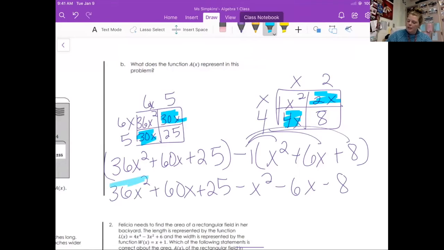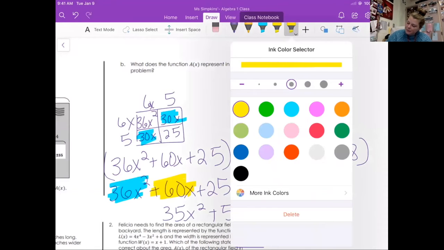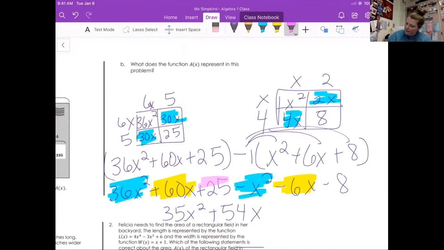So 36x squared minus x squared is 35x squared. For the x's, I have 60x minus 6x, that would be 54x. And then for the constants, I have 25 minus 8, which is plus 17.